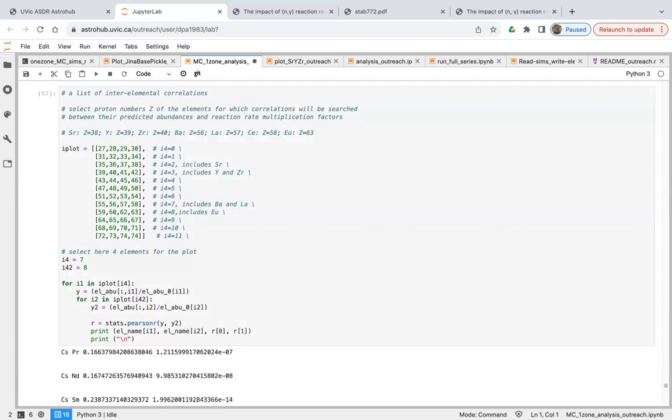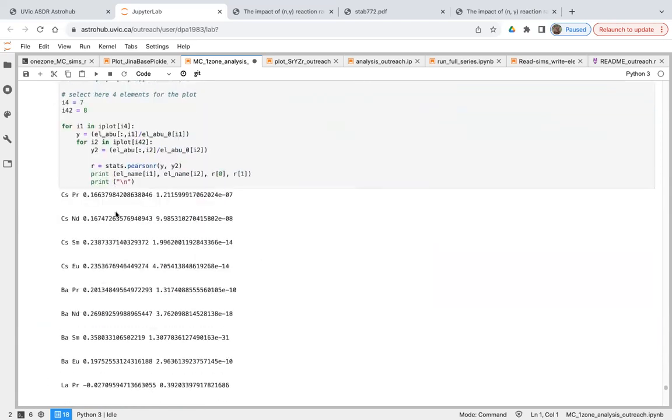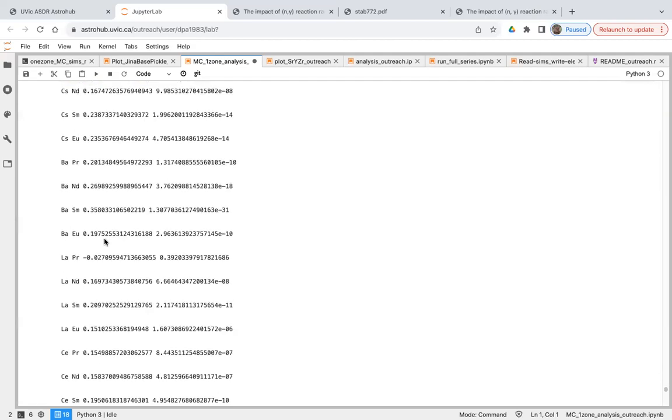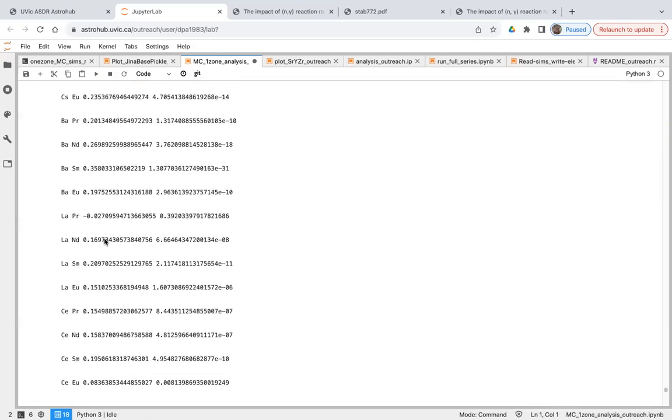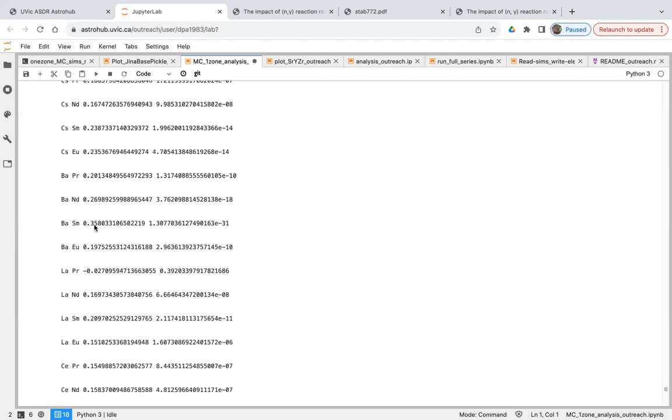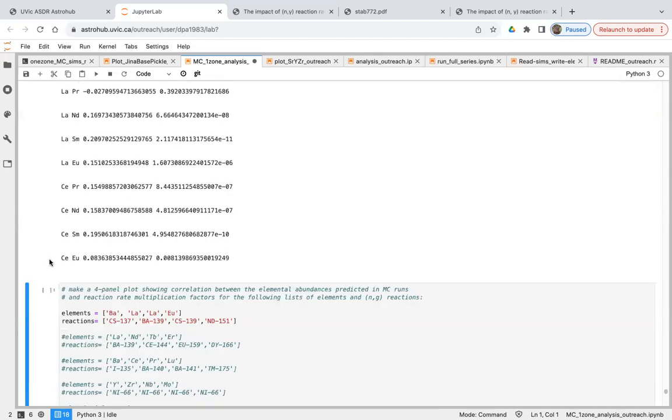Okay, so let's do this comparison. And this table shows correlation coefficients between predicted elemental abundances. In most cases, they're relatively small, but this is 0.36 between predicted barium and samarium. Okay, it might be significant.